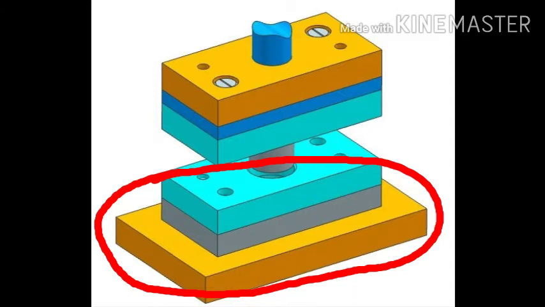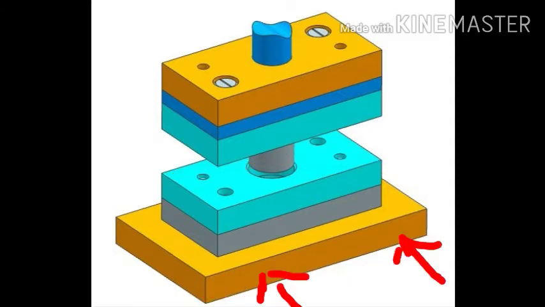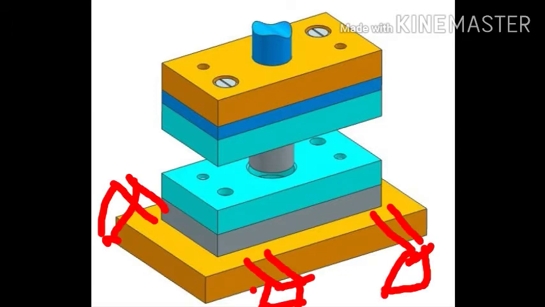It is attached to the press machine bed plate with the help of clamps, screws and bolts. We are holding that plate fixed so that according to the press machine capacity, the ram will apply force. So the position, or you can say the location, of the bottom half needs to remain fixed.